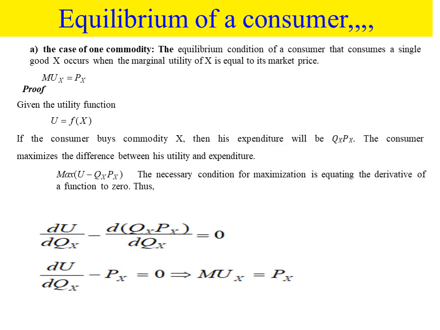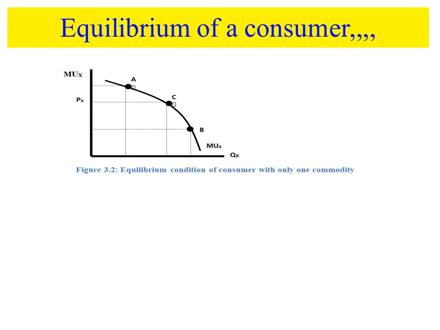The derivative of utility with respect to quantity, as you know, is the marginal utility, or the slope. Then marginal utility of X equals price of X. At this point, we are at equilibrium. So our expenditure is equal to what we get as satisfaction.